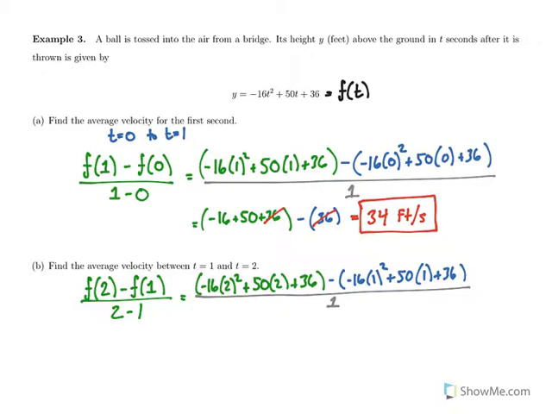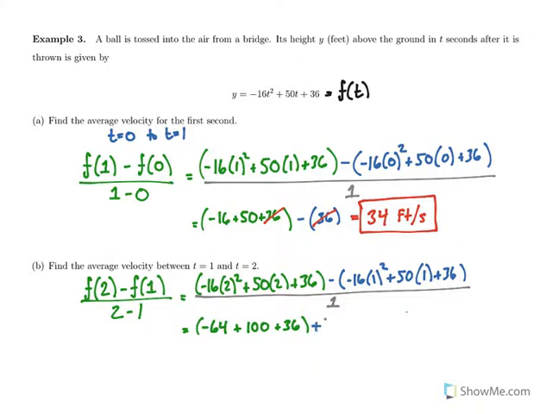So we have negative 16 times 2 squared, which is negative 16 times 4. That's negative 64. Plus 50 times 2, which is 100. Plus 36. Minus negative 16 plus 50 plus 36. And let's actually distribute that negative right off the bat.